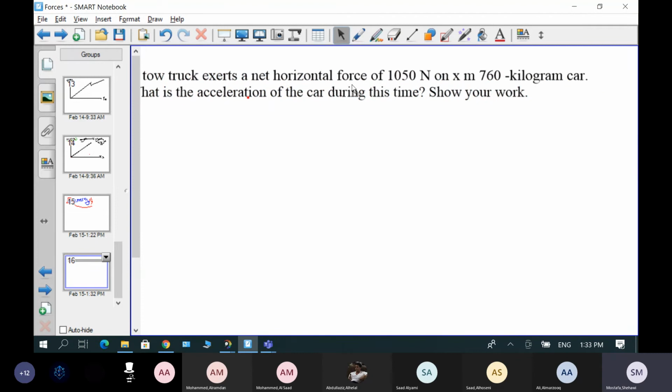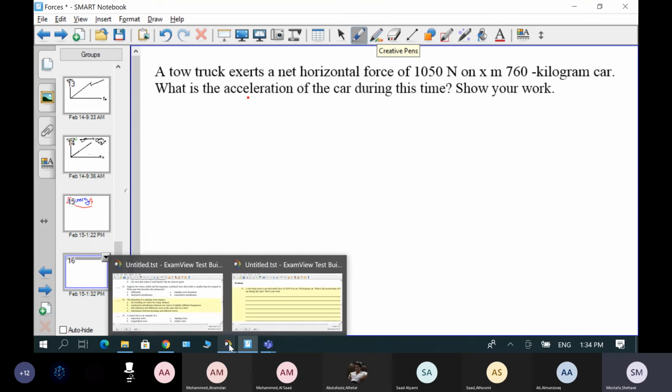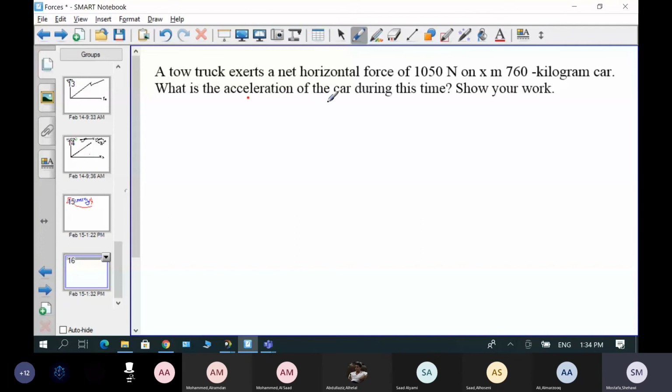Can you find the acceleration? Ali Marzouk, can you find the acceleration? What is the rule to find the acceleration? Acceleration equals what?